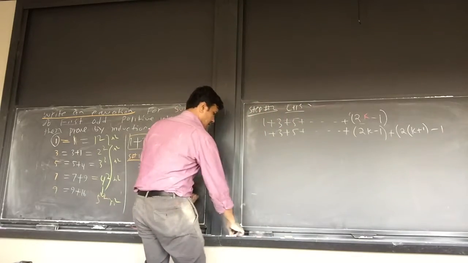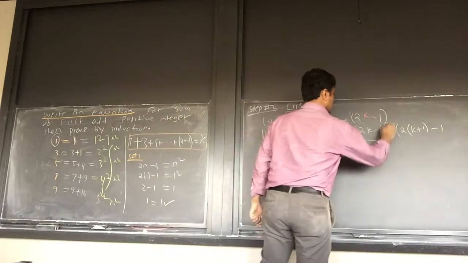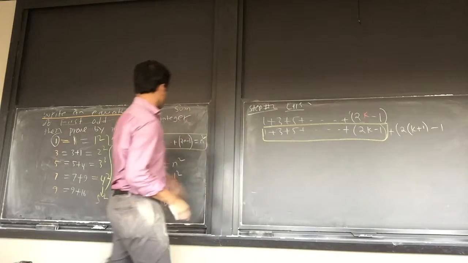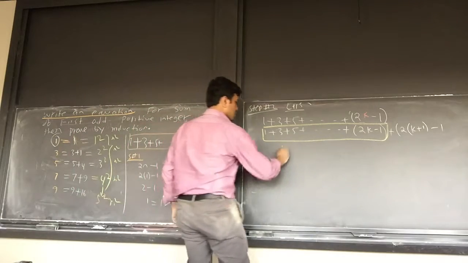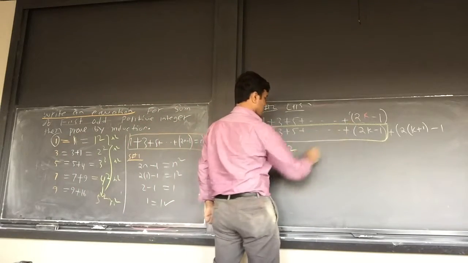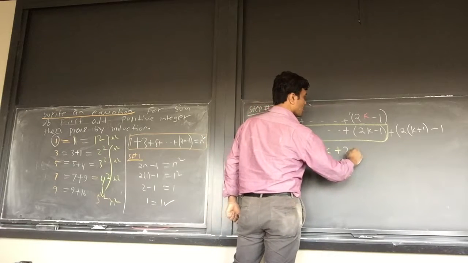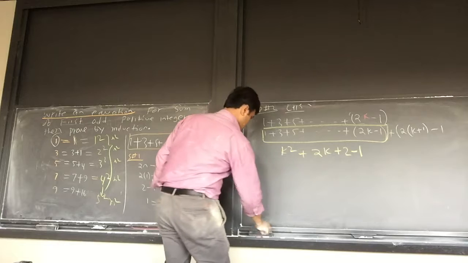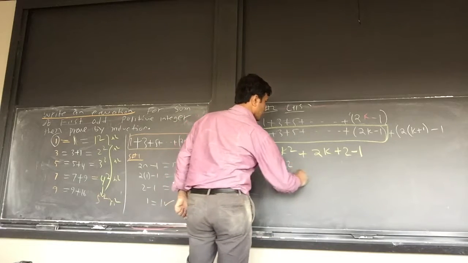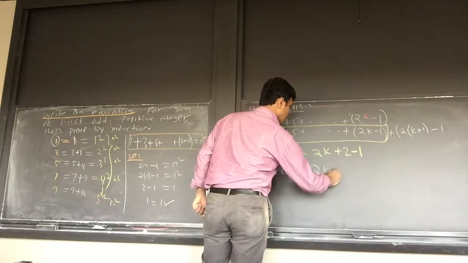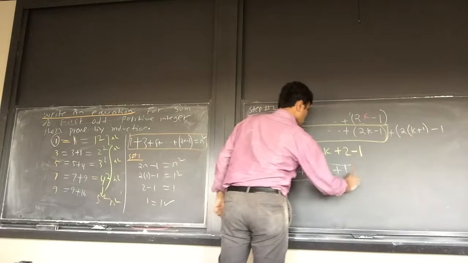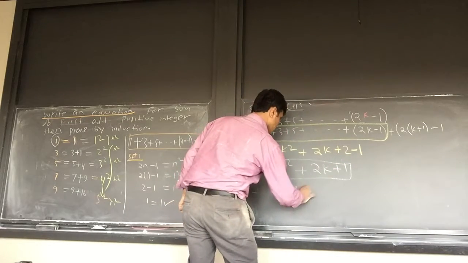So this part has to be k squared, and that plus 2k plus 2 minus 1. So k squared plus 2k plus 1. So this is our left hand side.